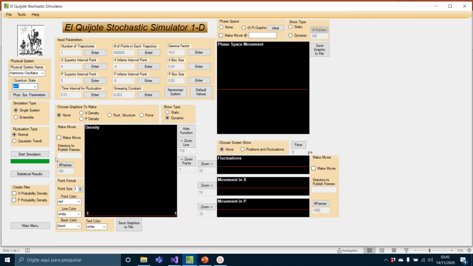I will now simulate the same system. Note that the gamma factor changed, but the number of trajectories is the same because we are also assuming here a single system simulation. So again, we have the density in the configuration space like this. This result is of course the previous result. It will disappear when we begin to make our simulations.